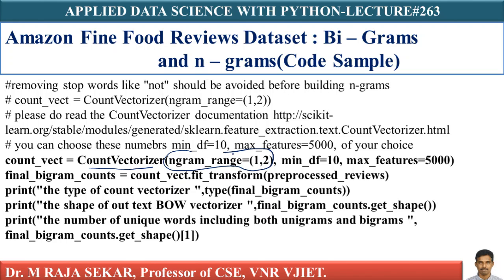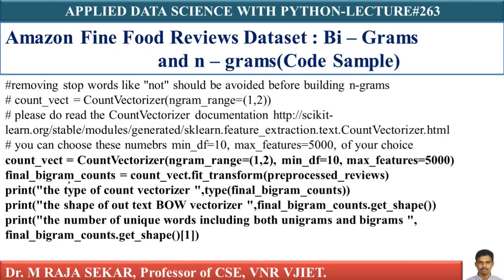What is the meaning of 1, 2? You will get unigrams as well as bigrams. I will discuss about min underscore df and max underscore features in natural language processing classes in future. I will spend a lot of time on these two parameters.